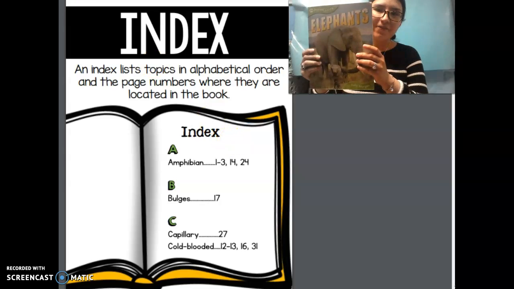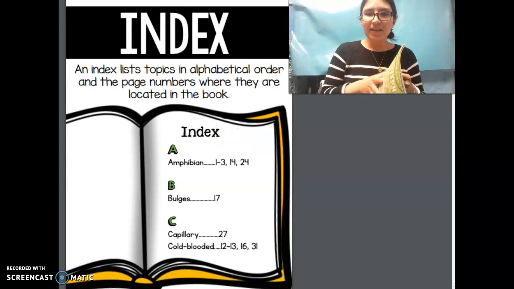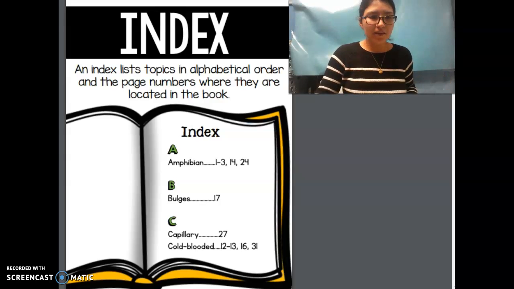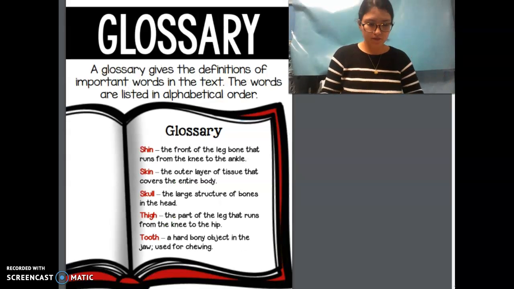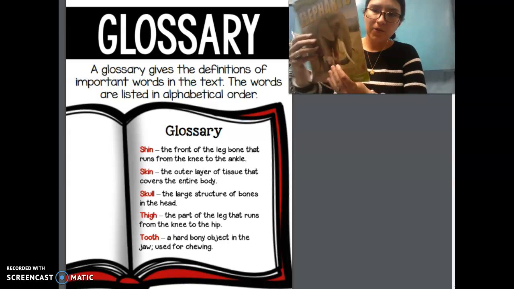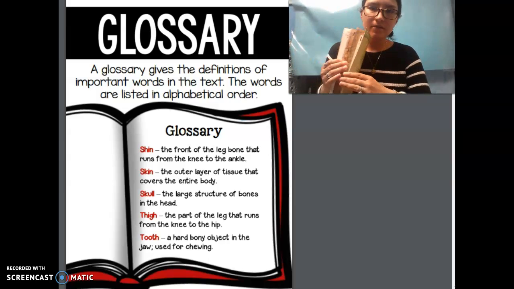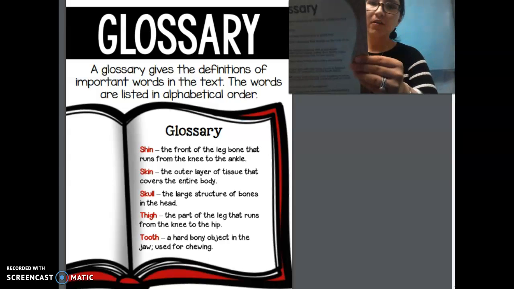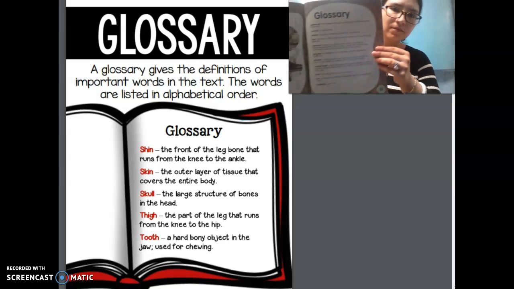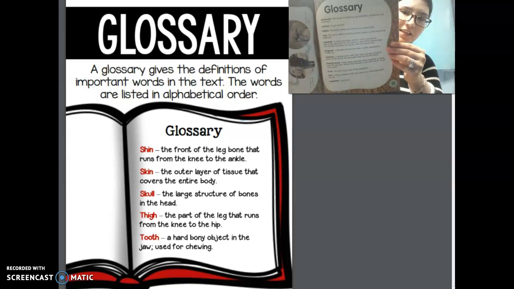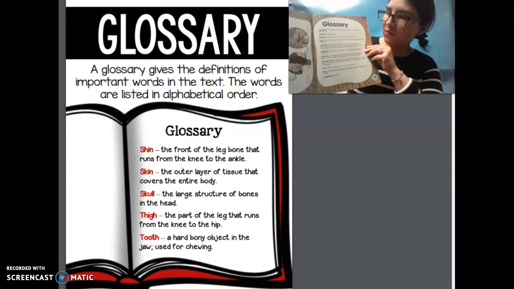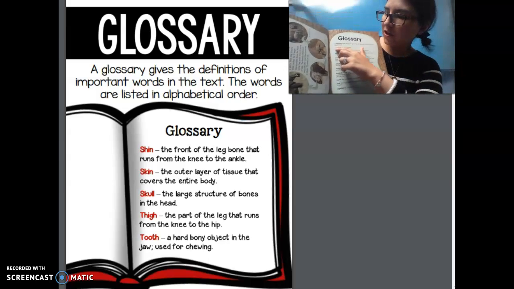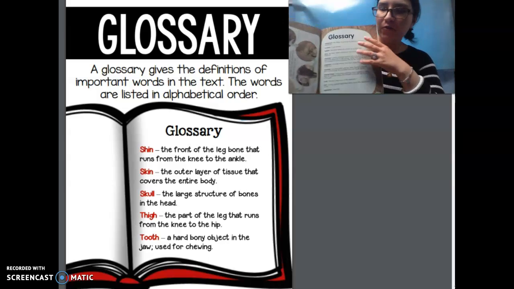All right, here's this informational book called Elephants. Let's see if we can find the glossary. Okay, so all the way at the end, where is it? Right here, glossary. There it is. Okay? Just like in the example, the words are in alphabetical order, and all these words that are darker, they're the bold print that we found throughout the book. Okay?